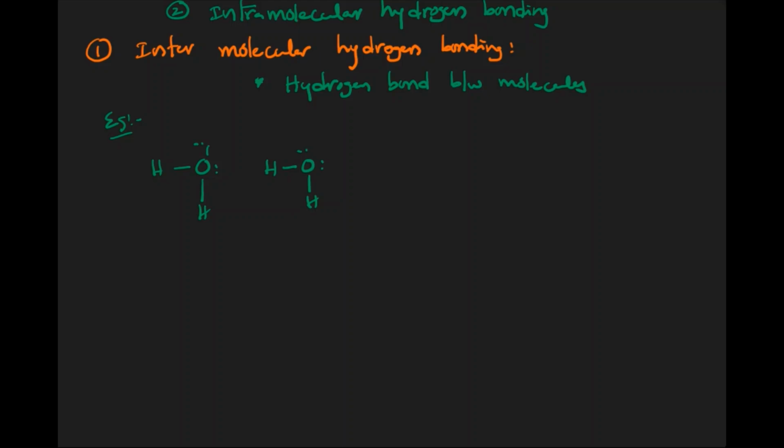That is why oxygen gets a partial negative charge, and since the electrons are moving away from hydrogen, hydrogen gets a partial positive charge. Here also the same thing: oxygen with a partial negative charge and hydrogen with a partial positive charge.